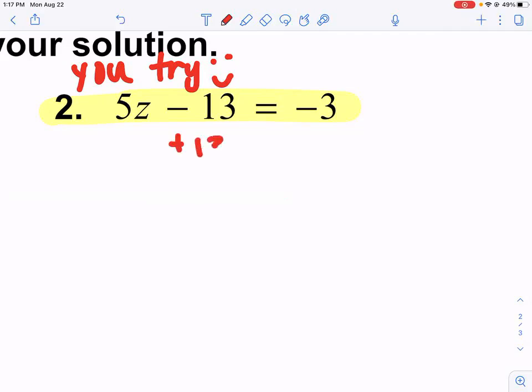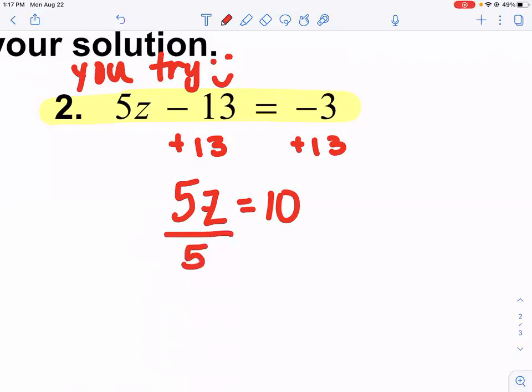We're going to add 13 to both sides. So we have 5z equals 10. From there, Estelle, what's our next step? Yep. So then we get z equals 2.